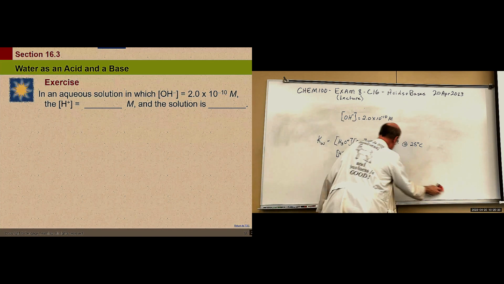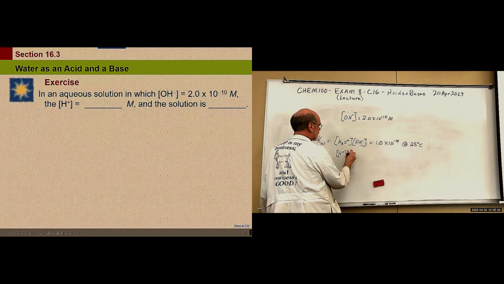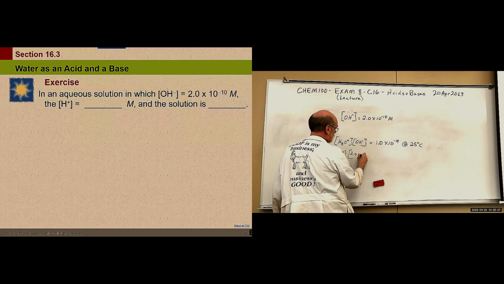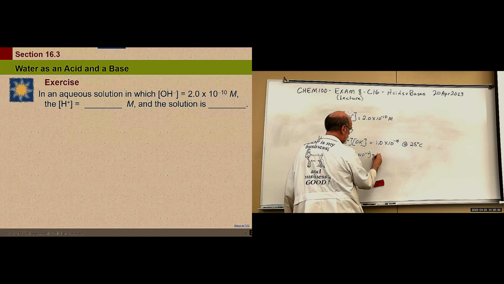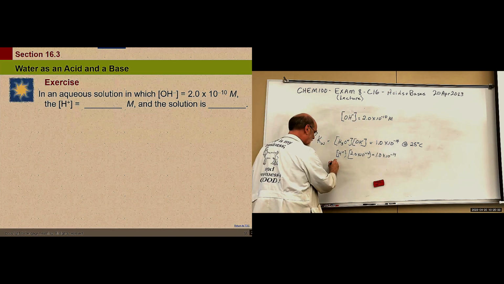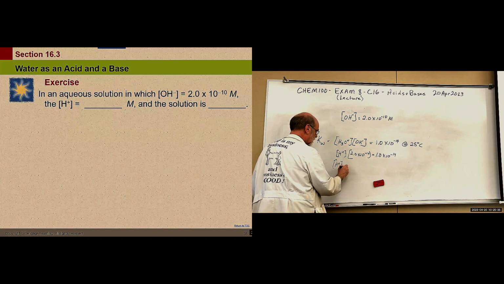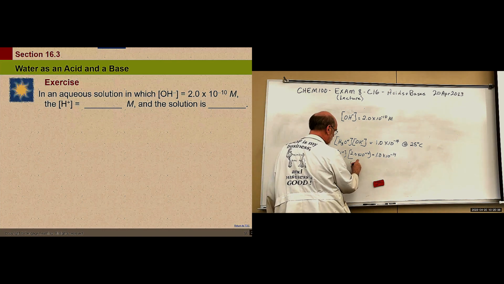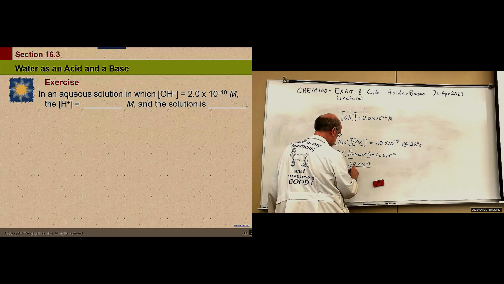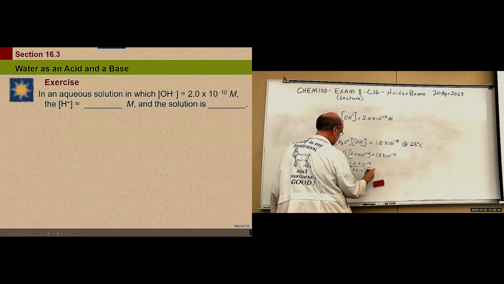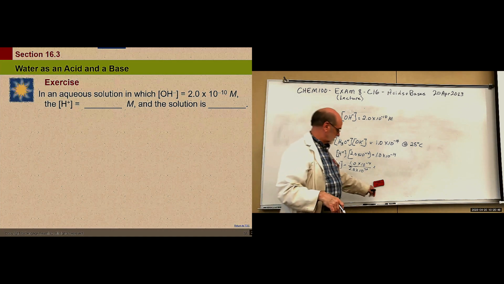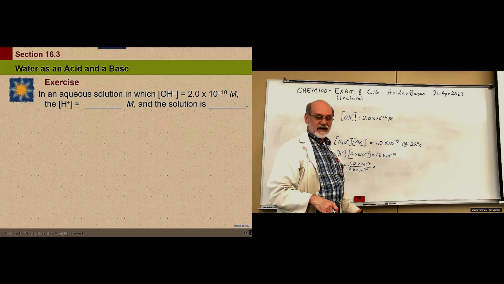Let's not, I was going to skip a step. Let's do it like this. That concentration here equals this. Right? So hydrogen ion concentration would be equal to 1 times 10 to the minus 14 divided by 2 times 10 to the minus 10. We could use our calculator, but I'm going to try to do it without my calculator.